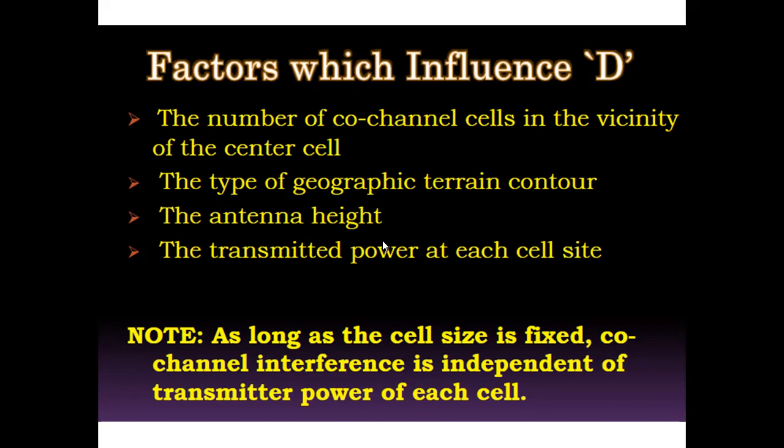That is, how much minimum frequency reuse distance D should there be between the two co-channels which are using the same frequency band, in order to reduce this co-channel interference.